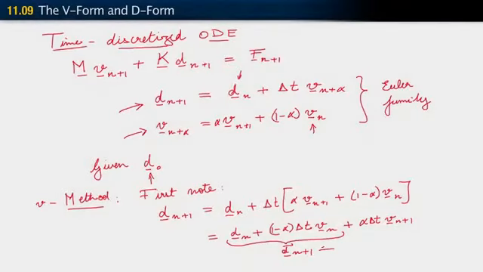Now, we are getting into the realm of what are called predictor-corrector methods. Okay? And the idea is that if we want to calculate dn plus 1, right, we have this formula for it, we predict this, right? We say that, well, this is our guess for what it is. Okay? And in general, that will not be correct, and we need to correct it with this term, which is the corrector.